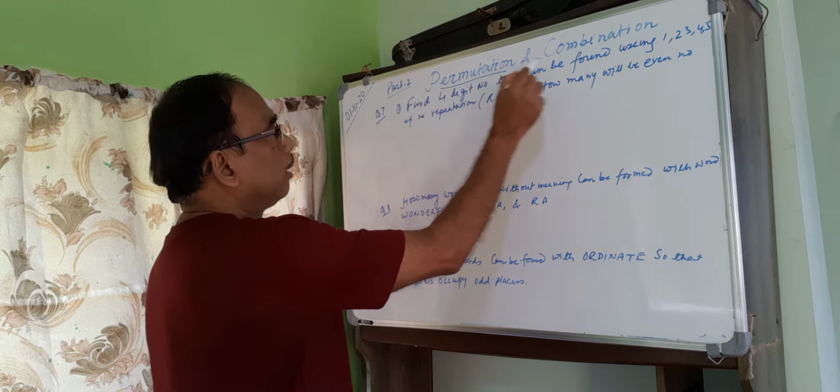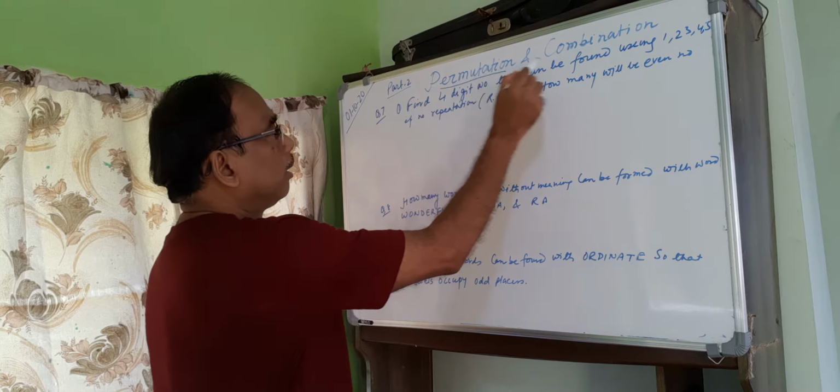There are 8 letters, so the number of words is 8P8 ways, that is factorial 8, that is 40320 ways.